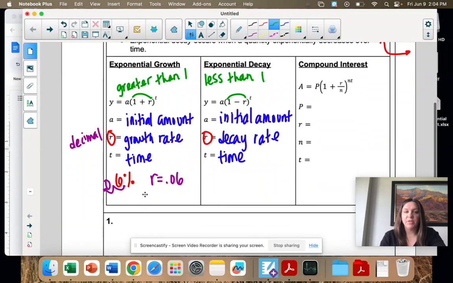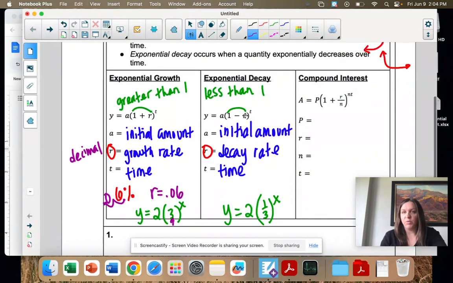So for example, if I have an equation that's 2 times 3 to the x and 2 times 1/3 to the x, this would be growth because that 3 is greater than 1. This would be decay because 1/3 is less than 1. That's a quick way to tell just by looking at your equation.